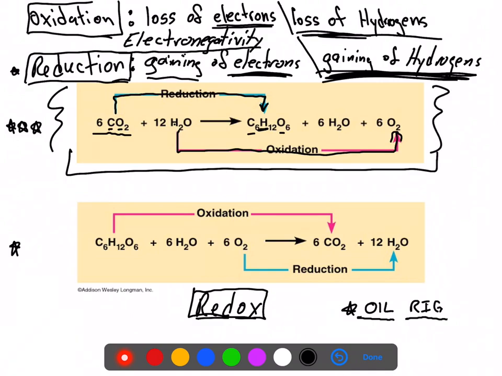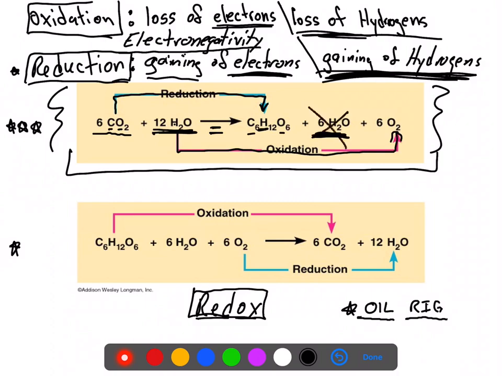Here's one question that a lot of students will ask. If this reaction right here is photosynthesis, what's up with this water? Because it wasn't present in the original reaction. And that's because the original reaction I showed you on the leaf was simplified. So you can treat this arrow like an equal sign.